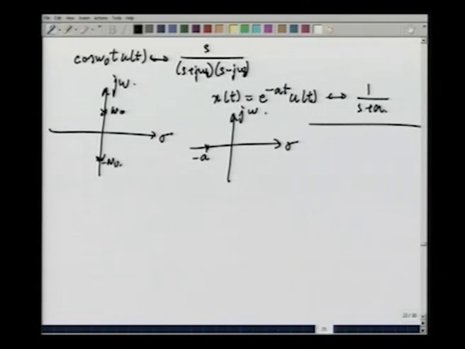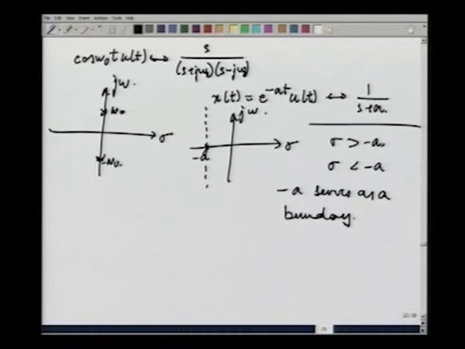Now consider this expression. Here we found two instances, one where the ROC was sigma greater than minus a and the other where sigma was less than minus a. So minus a served as a boundary in both cases. Sigma equal to minus a serves as a boundary for the ROC in both cases.